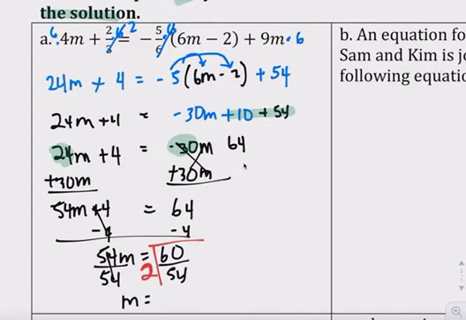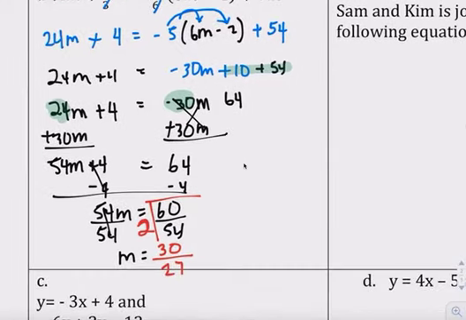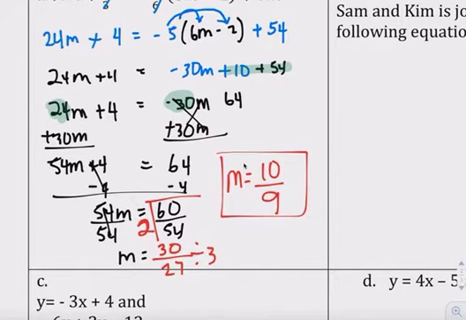Well, let's say 2. 2 would get you 30 over 27. Still can be reduced by 3, because 3 can go into 27 9 times, right? 9 times 3 is 27. So that can still be reduced to m equals, divide by 3 each, 10 over 9. Can't be reduced anymore, you can leave it improper like that.